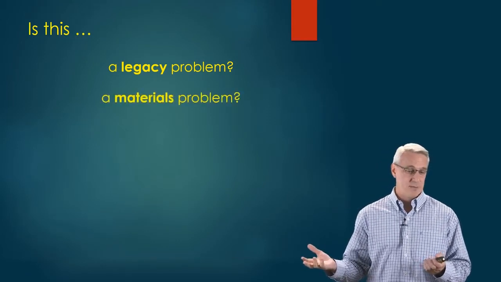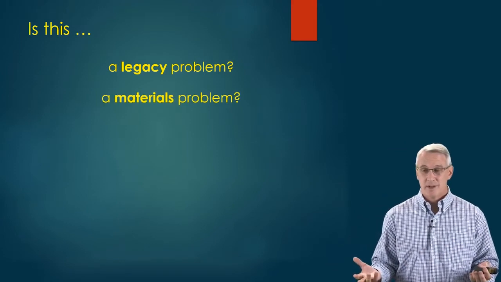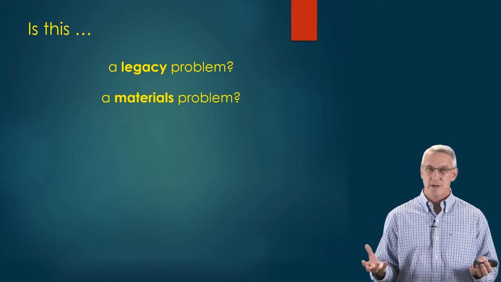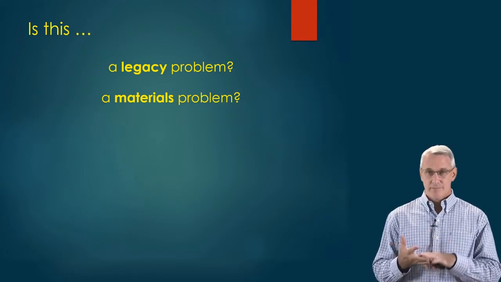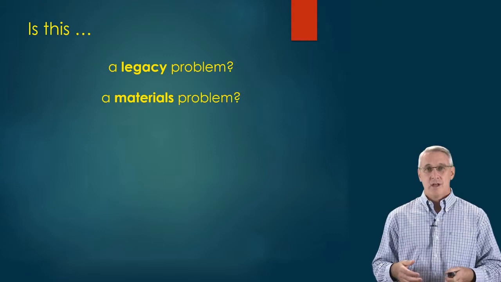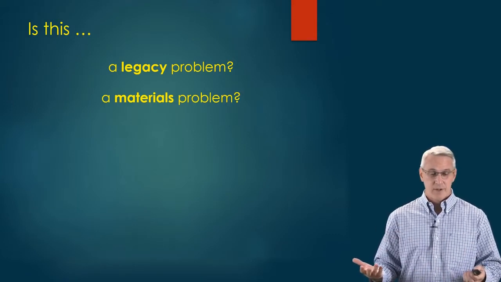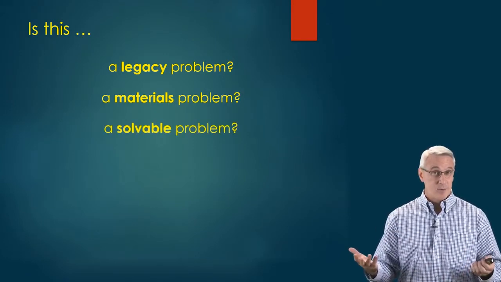Is it a legacy problem? Is it a materials problem? Well, maybe we just need to be using better materials that are recyclable, reusable, and sustainable. Is it just that kind of a problem? Or is it a solvable problem?